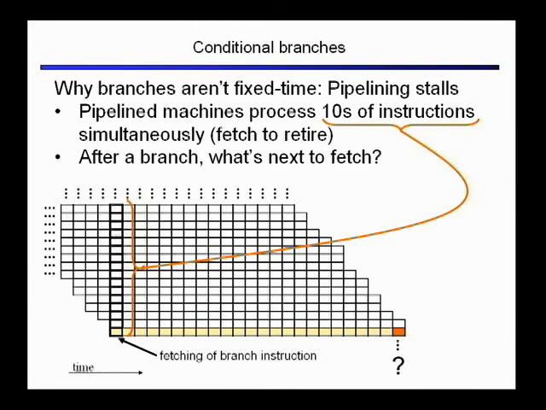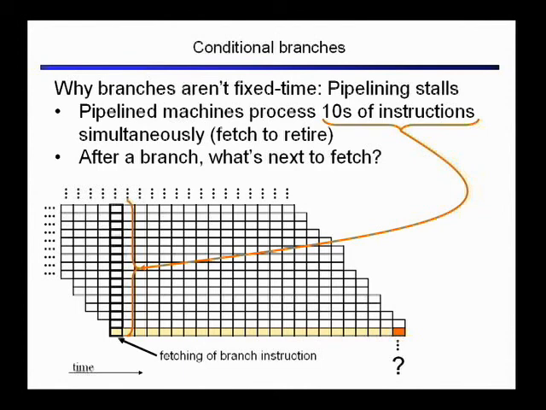So here time is along the horizontal axis, and I have a series of instructions that take place one after another. Some instructions take place at the same time. Some instructions you have to wait for part of the previous instruction to be over before you can start, for one reason or another. But the instruction that I'm most worried about here is the orange instruction, the branch instruction.